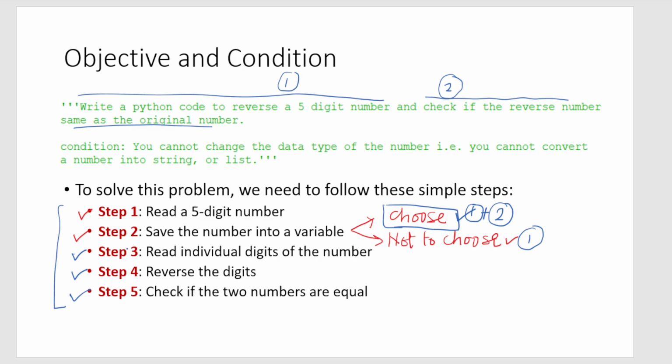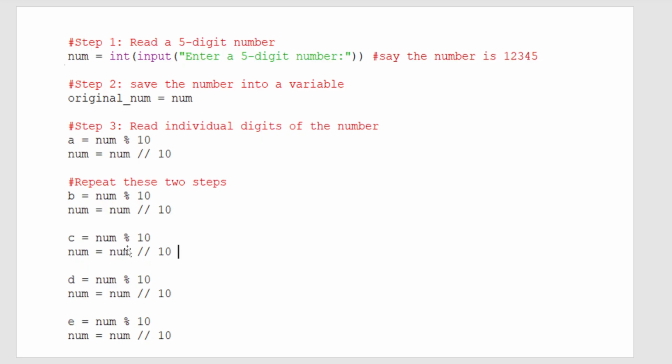Okay, now let us see the program itself. The first step says read a 5-digit number. Here we have used an input function, and the input function says enter a 5-digit number.